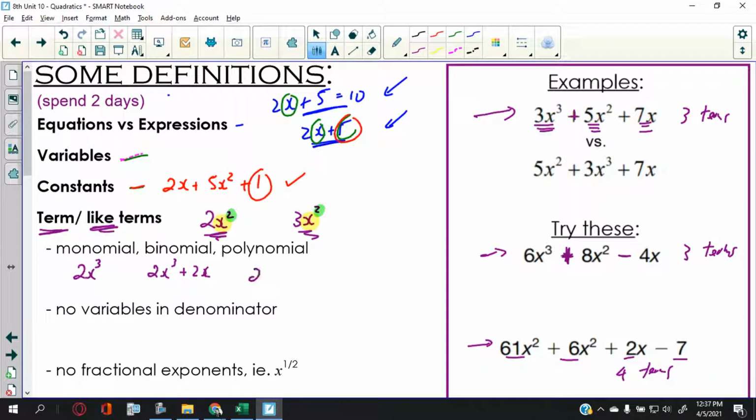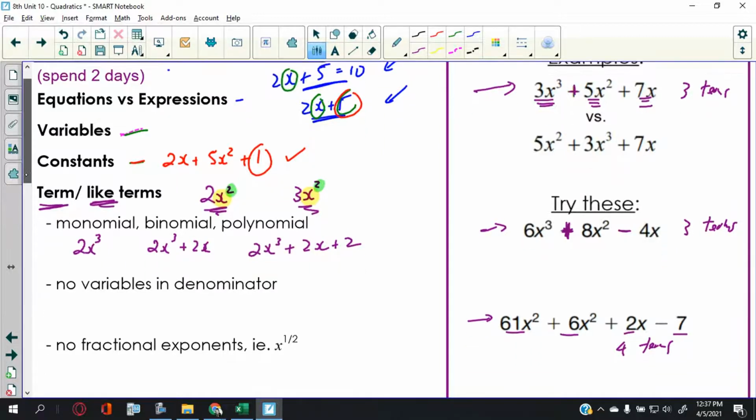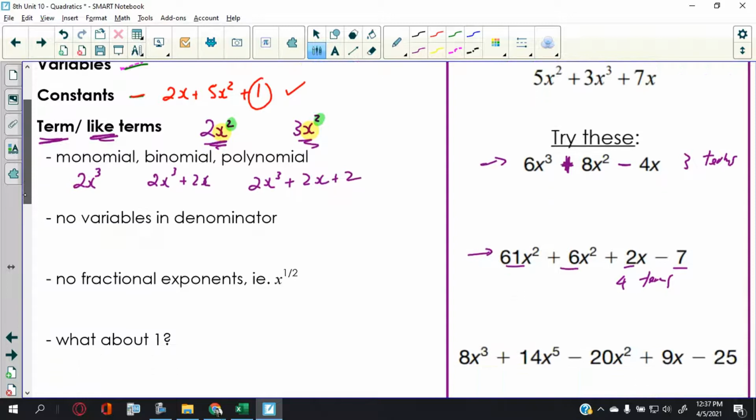Something with many terms. For example, like this, it's got 3 terms. Now, technically, even a monomial can be a polynomial, but I won't get into that right now. I'm going to wait a few minutes to do that, because I just want to use this as a review of everything you've learned so far.